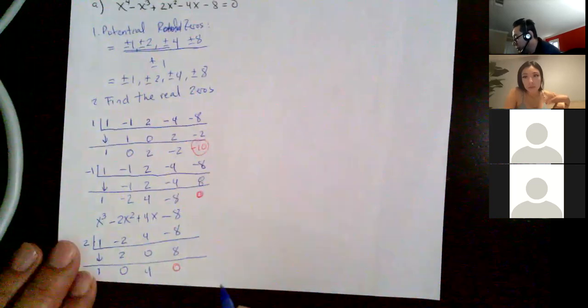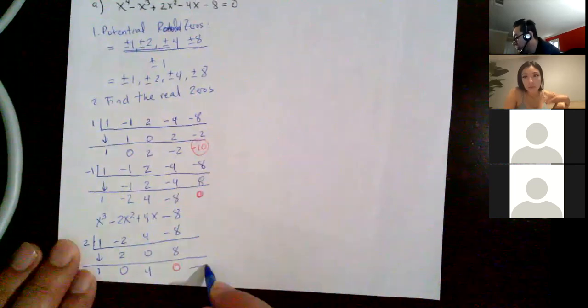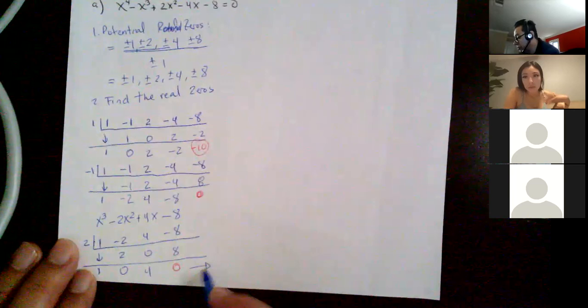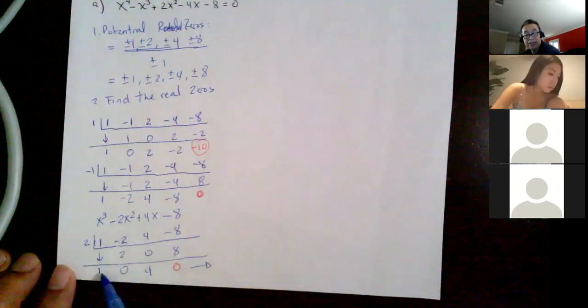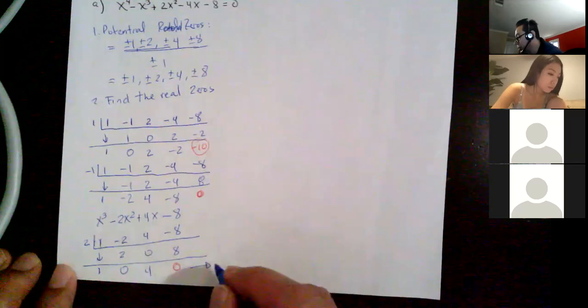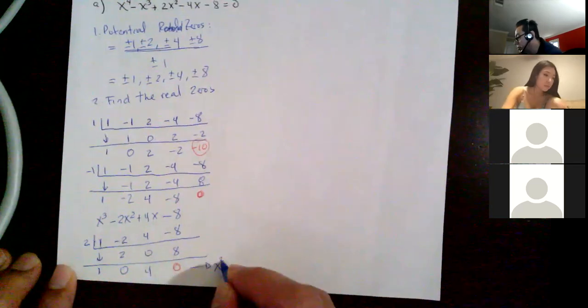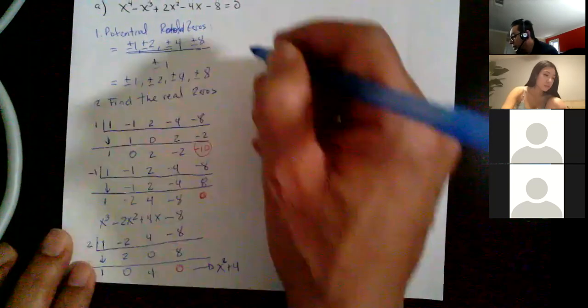What would be the polynomial that is left? Notice that we started with x cubed, so this would be x squared plus 4. Is that clear? x squared plus 4.